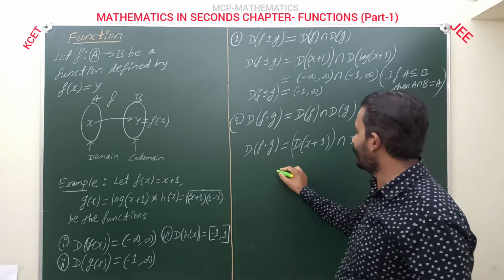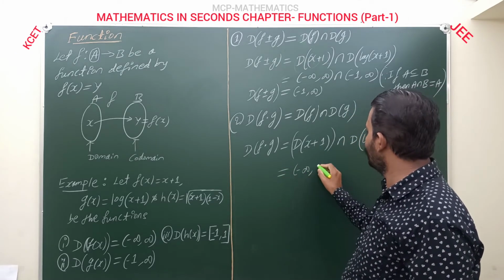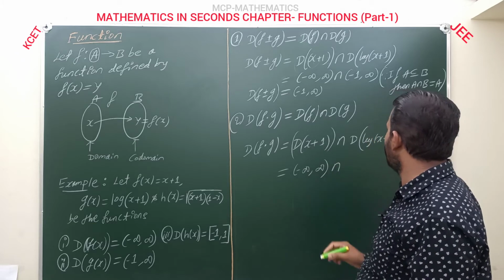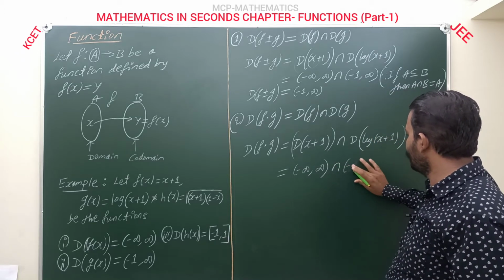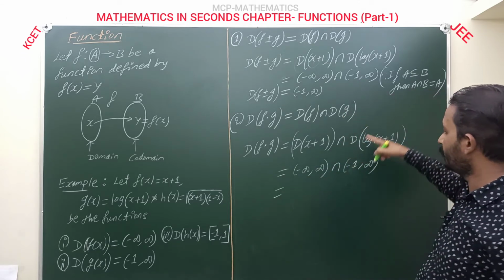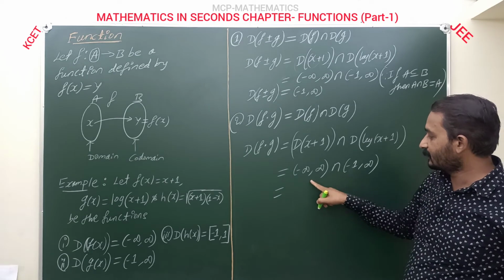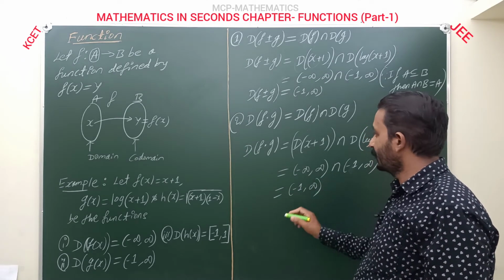So in the same way we can write the domain of x plus 1 is minus infinity to plus infinity, intersection the domain of log of x plus 1, nothing but what? Minus 1 to infinity. So using the set formula, this is a subset of this, so the answer of this question is minus 1 to plus infinity here also.